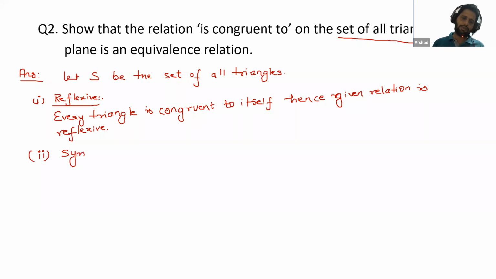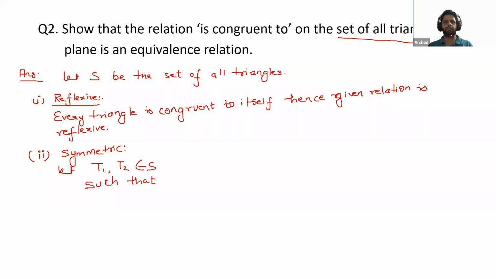Now in this case, we need two triangles. For symmetric, we will assume two triangles, let T1, T2 belong to S. We know that S is the set of all triangles. In the question they have not given the relation.